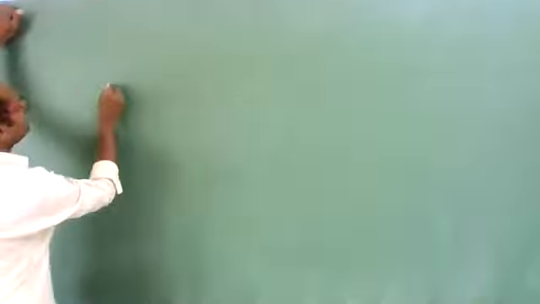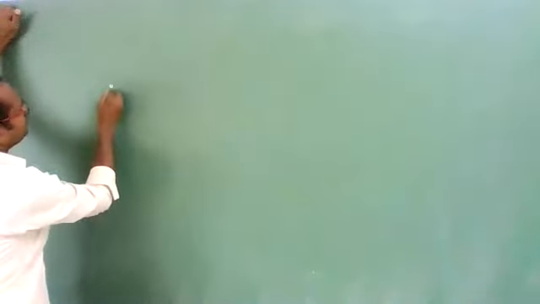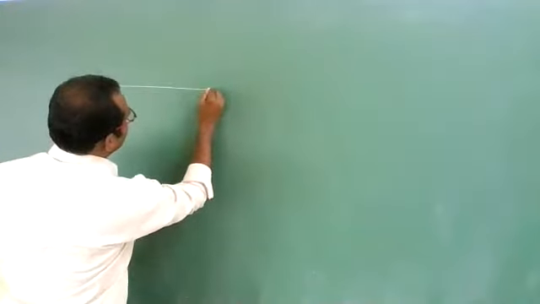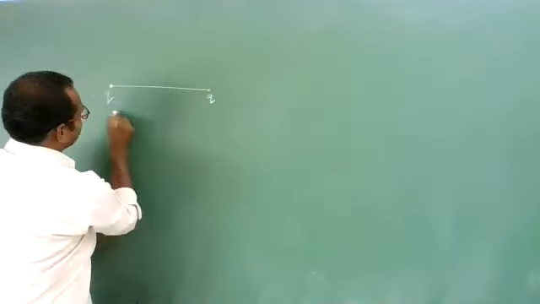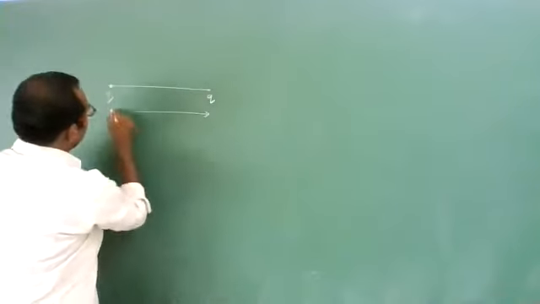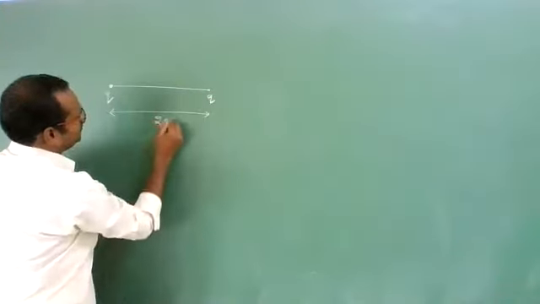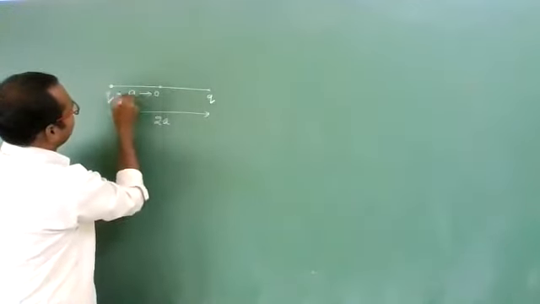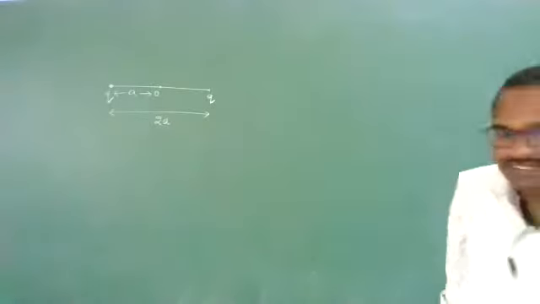Students, let us suppose a charge Q is placed here, and at one particular distance another charge Q is also placed. These two are at a distance of 2a, and this is the center, meaning a distance from here and a distance from here also. Clear, students?